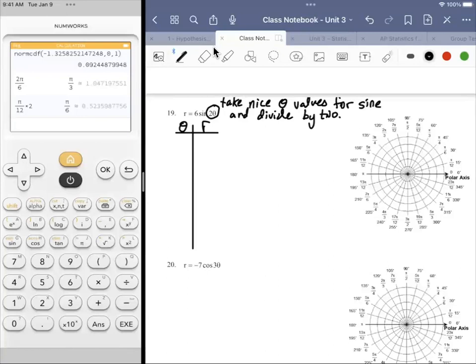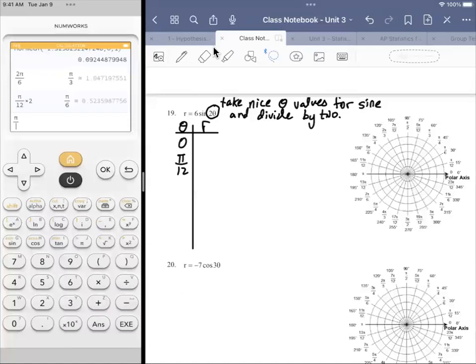All right. Zero is nice no matter what you multiply it by. So not worried about that. Pi over 12. So pi over 6 would be my first nice value ordinarily, divided by 2 gives me pi over 12. My next nice value for sine would be pi over 2. So I'm going to divide that by 2.